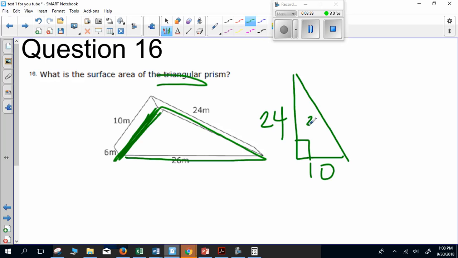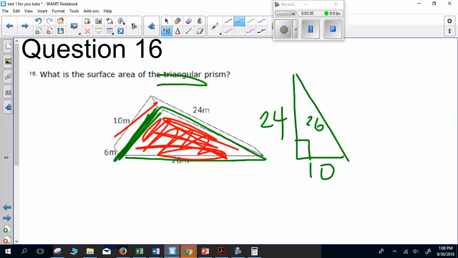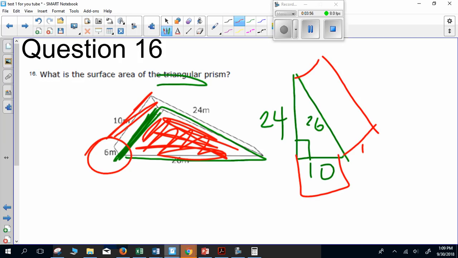And then this distance over here is 26. So that's the front of my triangle right there. To get from the front to the back, it's 6. So that's 6, that's 6, that's 6, and then we have another triangle down here.